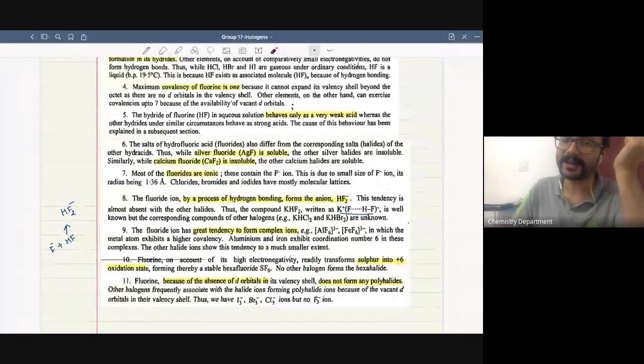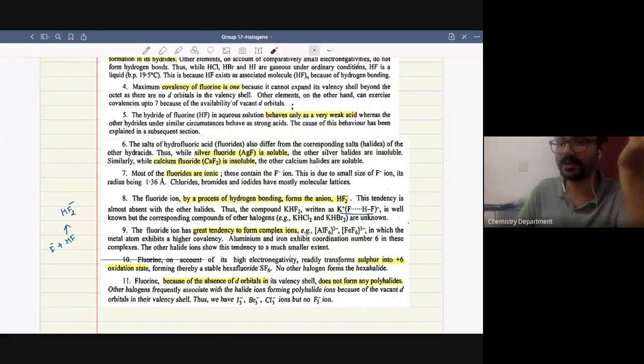Only fluorine, because of its high electronegativity, is able to oxidize and show its higher covalent oxidation state of +6. That is a very important property of fluorine: it helps the central atom to achieve its maximum oxidation state.